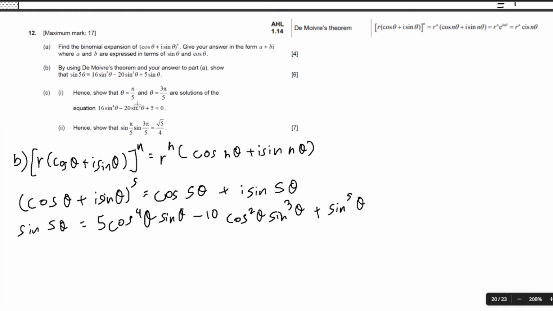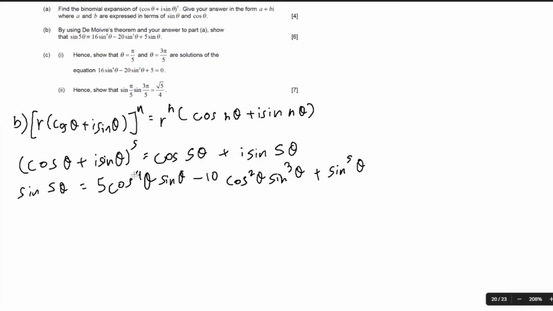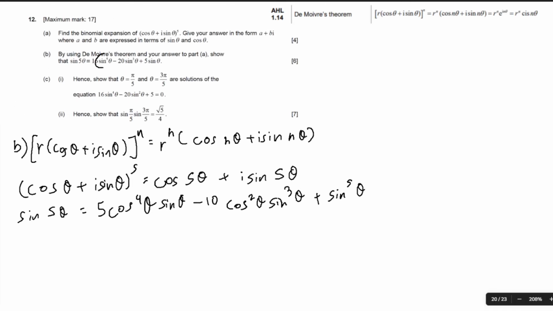Right, and we're trying to get it in this form right here, which eliminates all these cosines over here, since we're only trying to get it in sine^5 theta, sine 3 theta, and sine theta.